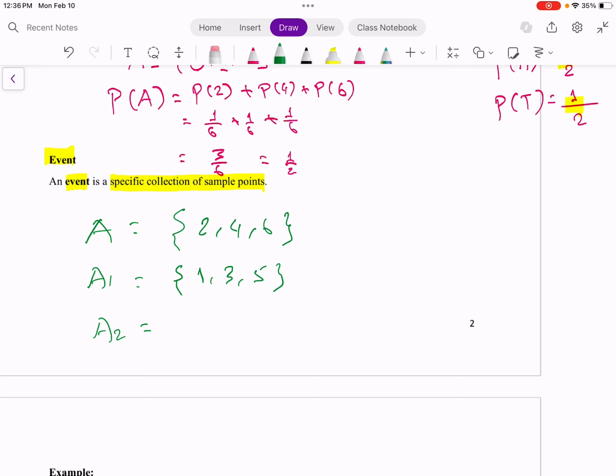So if we are collecting sample points which are greater than or equal to 4, our event contains sample points 4, 5, 6. 4, 5, 6 is also an event. So our A2 set has sample points equal to 4 and greater than 4. Event A is the collection of even sample points. Our A1 event is the collection of odd sample points. So if you collect very specific sample points from a space, that is always our event.